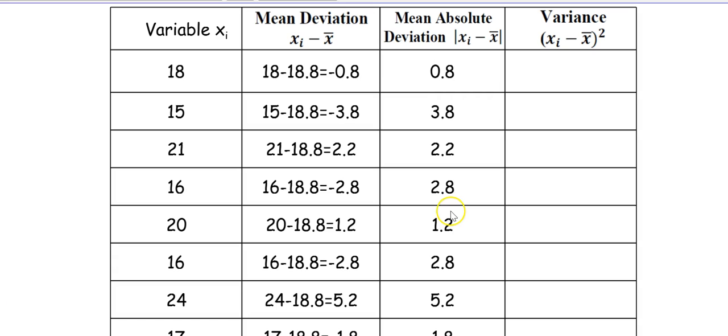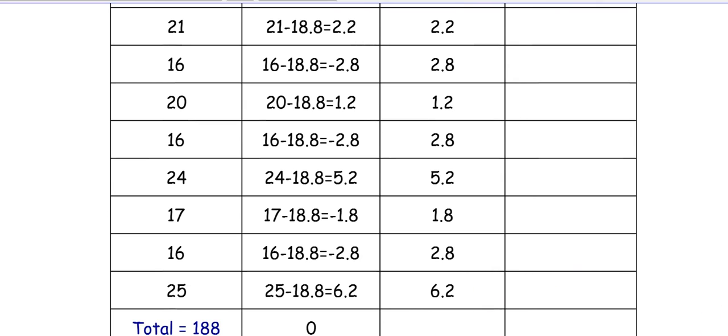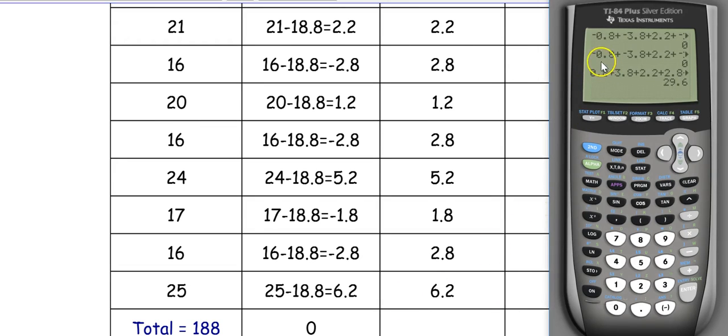Okay. So now we entered all these values from the third column. That is 0.0, 0.8, 3.8, 2.2, etc., all the way up to 6.2. We entered them in this calculator. That is, I just changed the negative signs and made them positive.